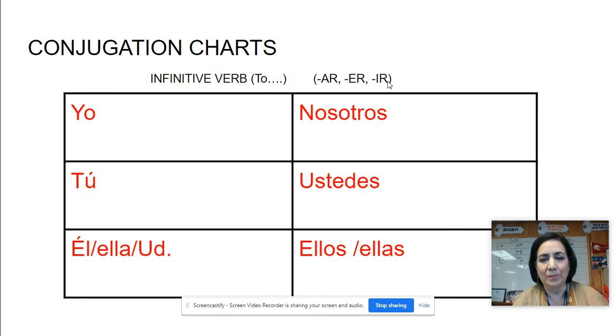So, for example, hablar ends with AR. Comer, to eat, ends with ER. Subir, to go up, ends with IR. So in Spanish, they end like this when they are the title of the verb. And in English, they start like this when they are the name of the verb.